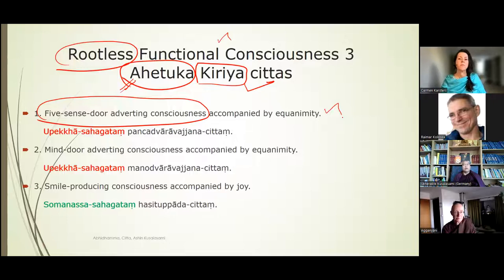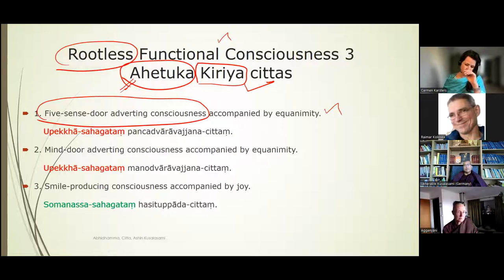It appears before the eye, ear, nose, tongue, and body consciousness. So this consciousness is five sense door consciousness. Let me go to the next one, and then I will give you an example.